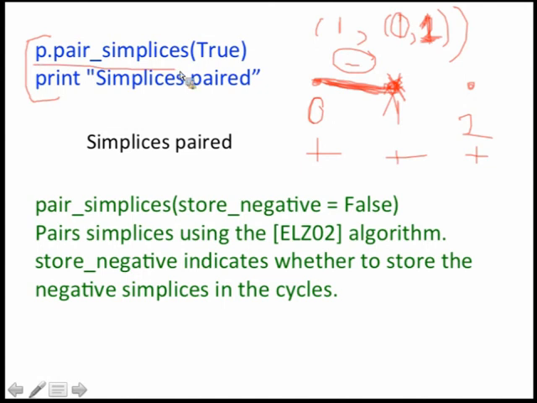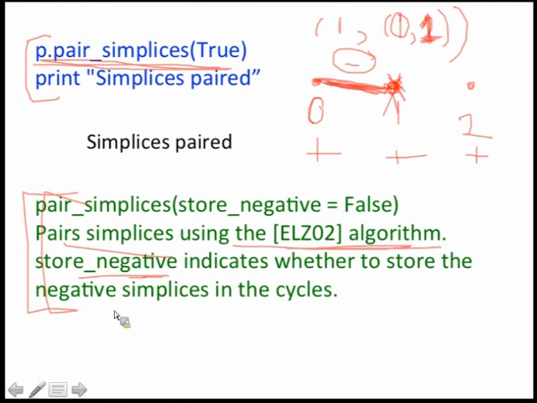So this will pair the simplices, and in green you can read on the Dionysus website that it will pair the simplices using that positive negative simplex algorithm. Store underscore negative just says whether or not you want to store the negative simplices.